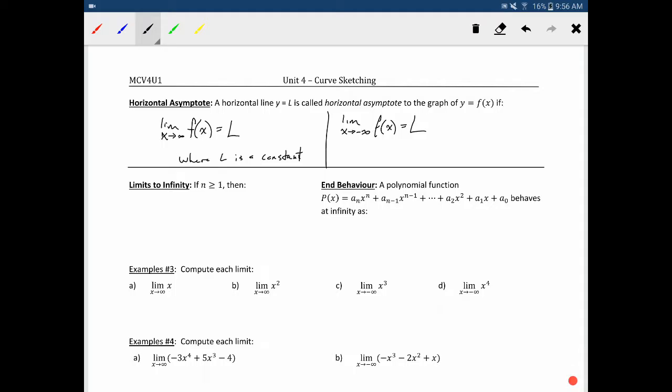So one of the easy things that we can look at here is end behavior.